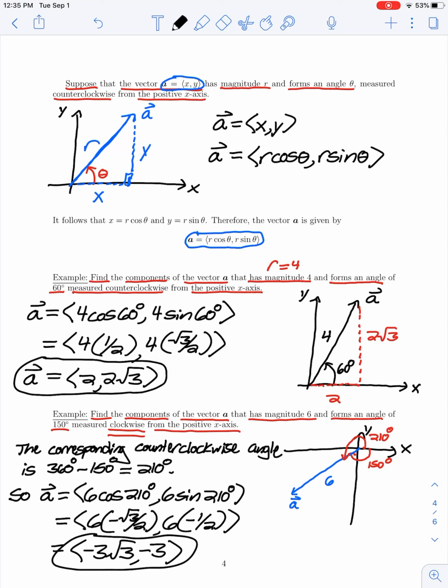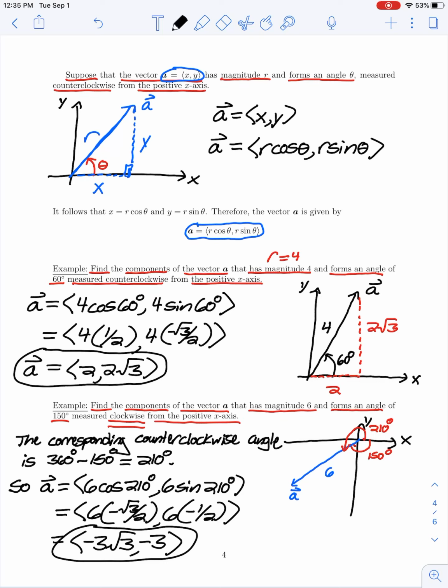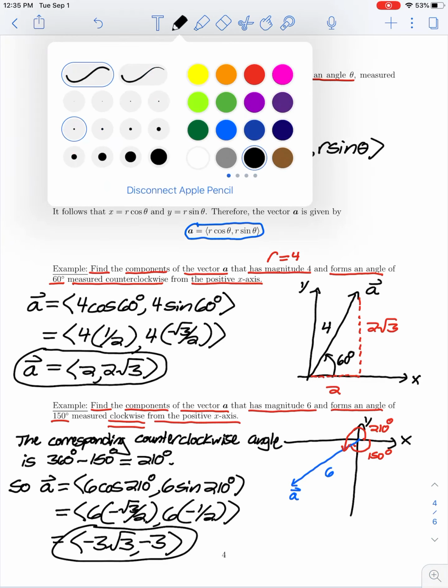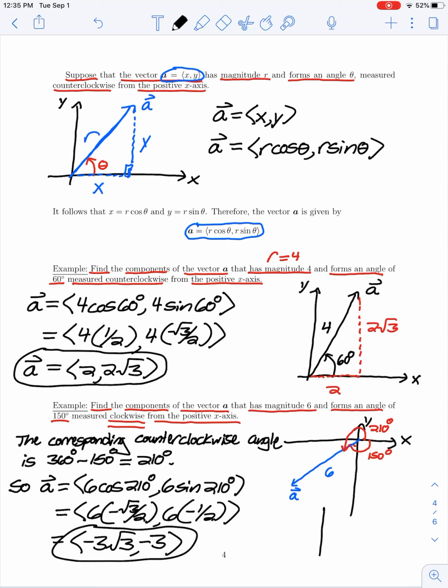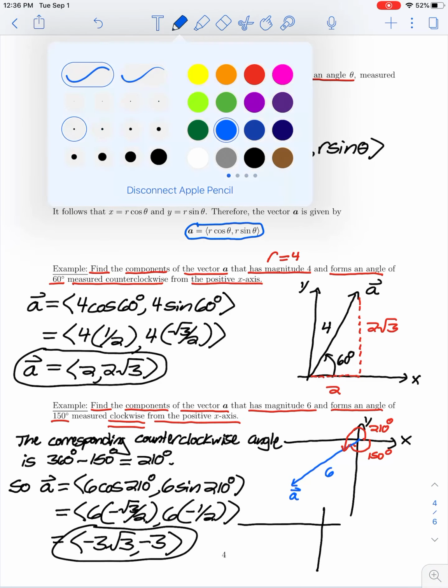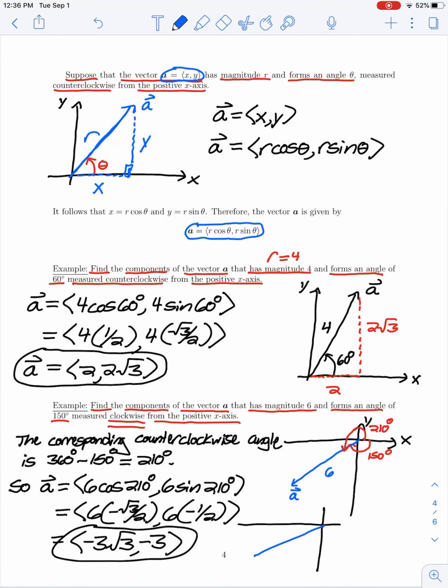Now, another way that we could have gone about finding this would be to do the following. Let's think about maybe a slightly different approach here. So if we are sketching our same vector, magnitude 6, acting in this direction, if we think about the angle that's formed between the x-axis and our vector, we would have a 30-degree angle.